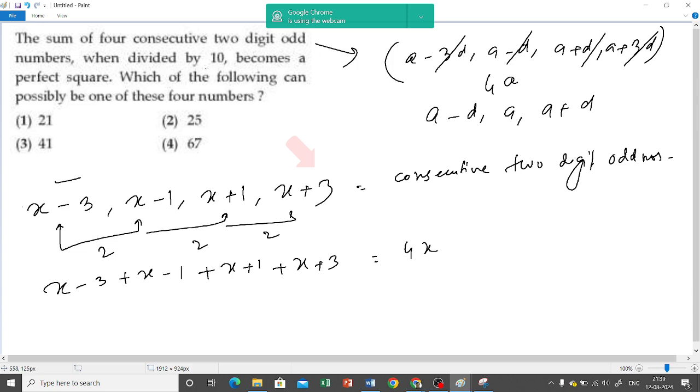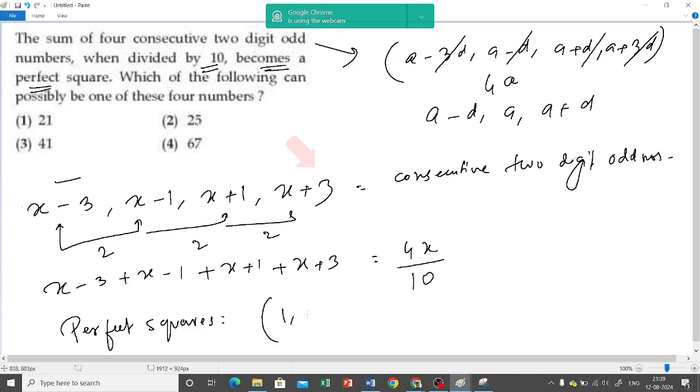Now it is given that the sum divided by 10 becomes a perfect square. What are the perfect squares?